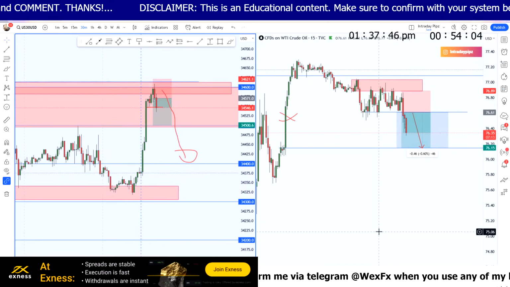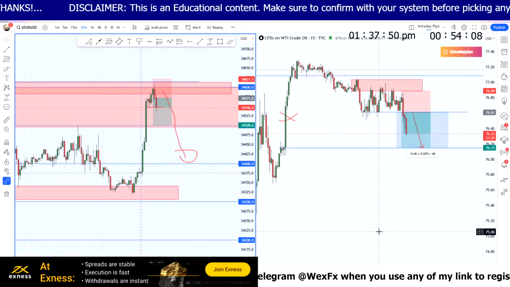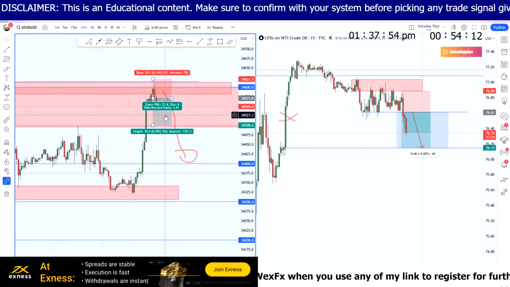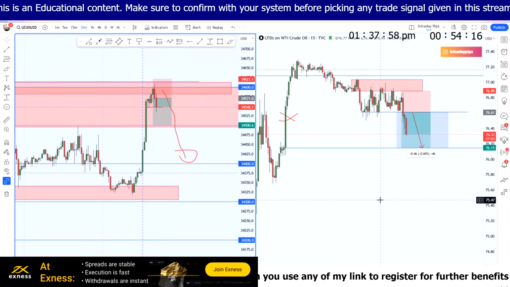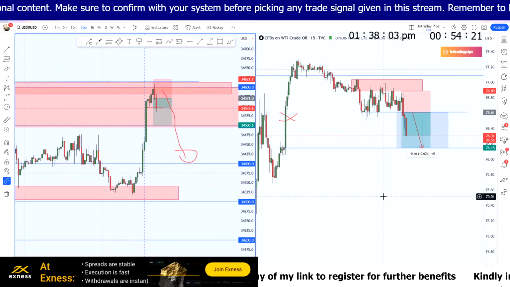All right, so US30 is back to that zone, that level. So let's see, we are still away. We have 70 pips targets. We are just 21, 22 pips into the target. So we are still about 50 pips away. So let's see how it turns out.